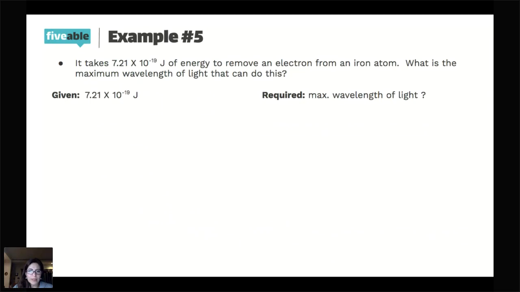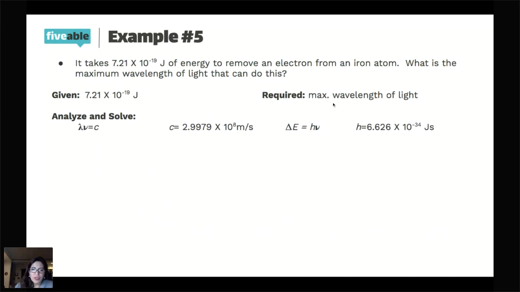Which formulas are we going to use? We can use this one first to change joules.